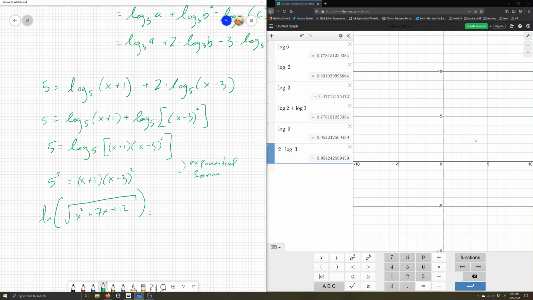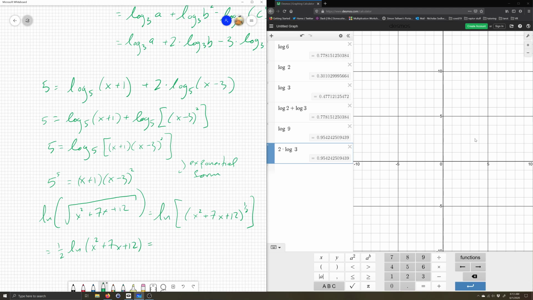All right, so the first thing to notice is this is the natural logarithm of, remember, the square root of something is its 1/2 power. So that means I can pull the 1/2 out, and I've got 1/2 the natural logarithm of x squared plus 7x plus 12.